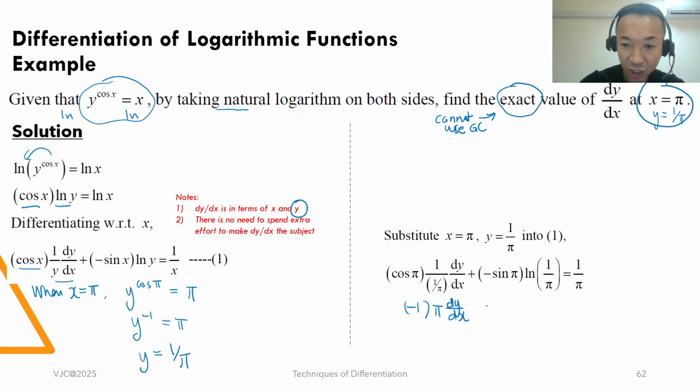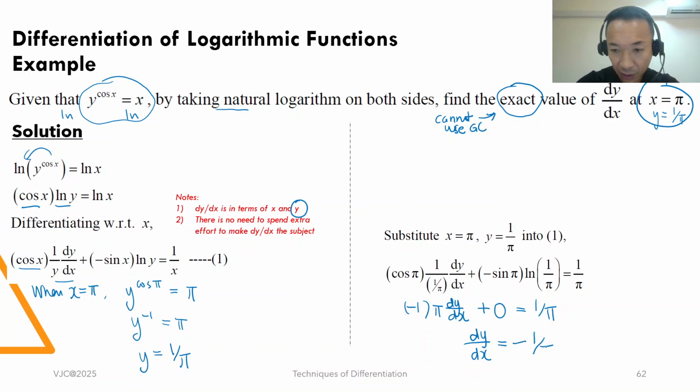Sine pi, you actually get 0, so this term is 0. Therefore, for your dy/dx, divide both sides by minus pi, you get 1 over pi squared, and you have an exact value. That's that.